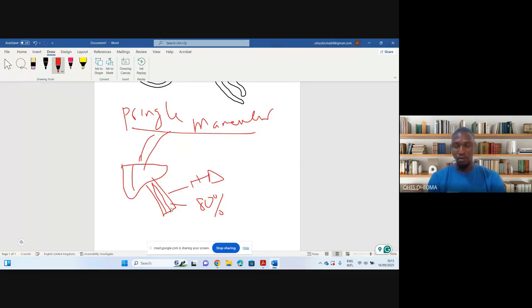So the portal vein and the artery, most especially the portal vein, carry about 80% of the blood that goes to the liver. And so in the operating theater, you're trying to find out which blood vessel is having the laceration. So what the surgeon does is he clamps the hepatoduodenal ligament.